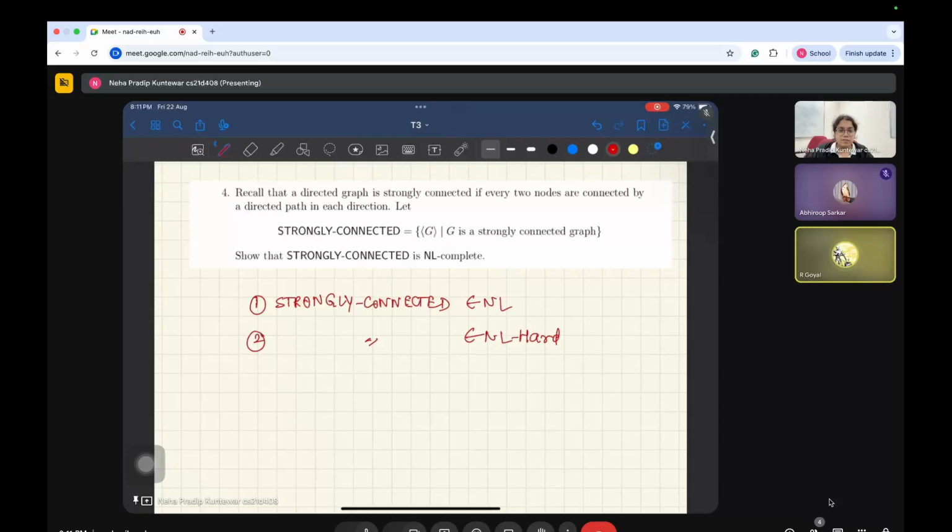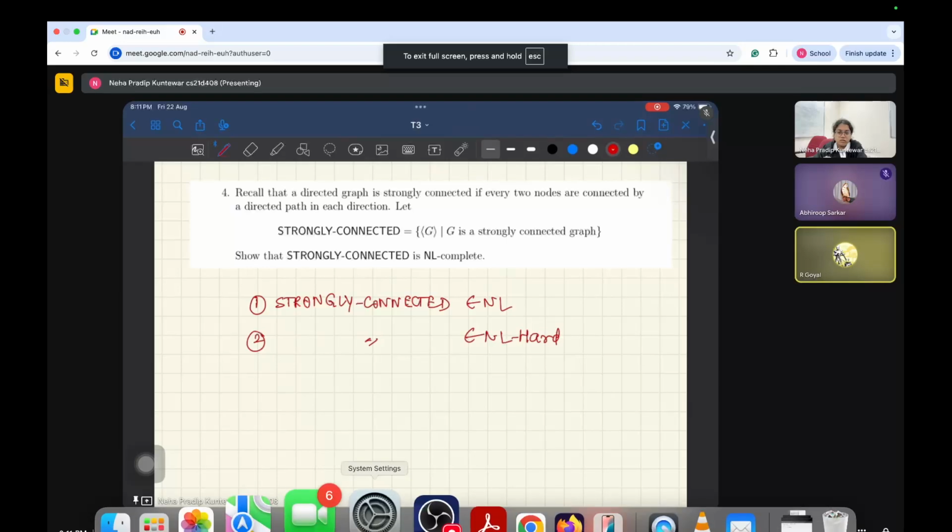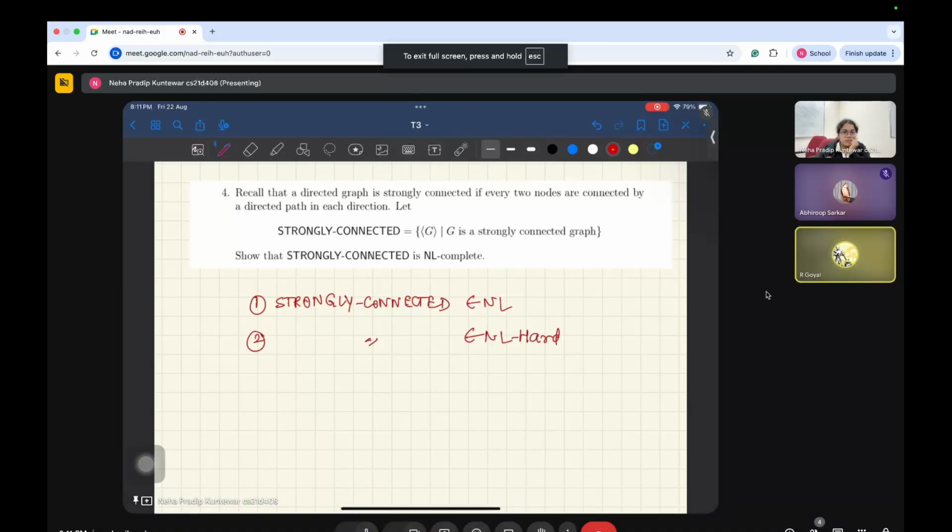So strongly connectedness is in NL in the sense that if I have a non-deterministic machine, and if you give me a path, then I can traverse that path.